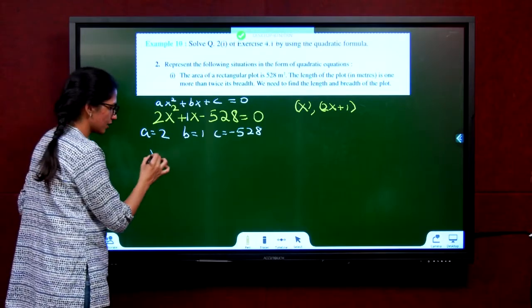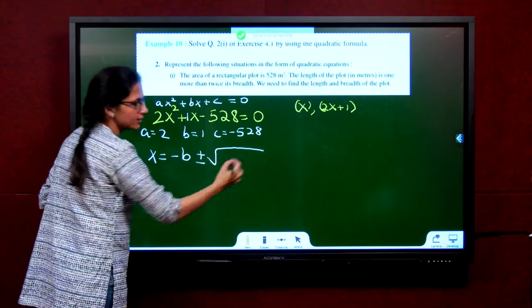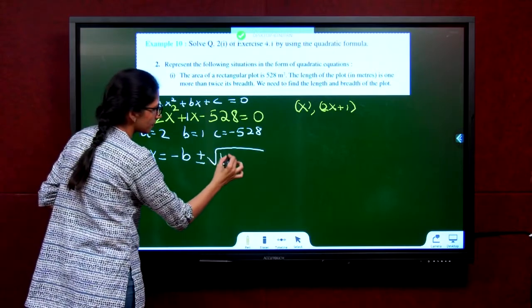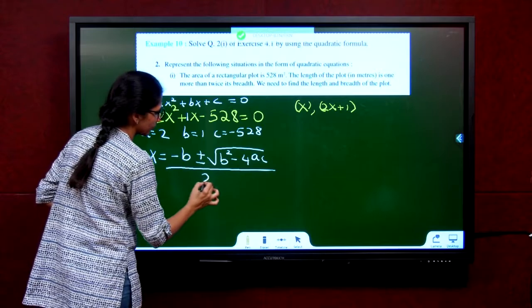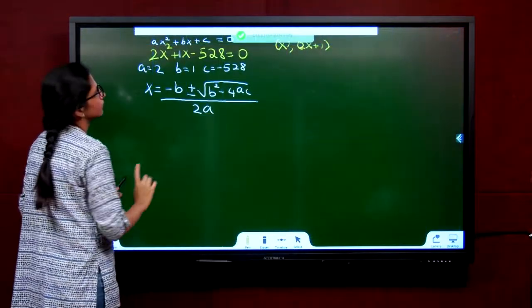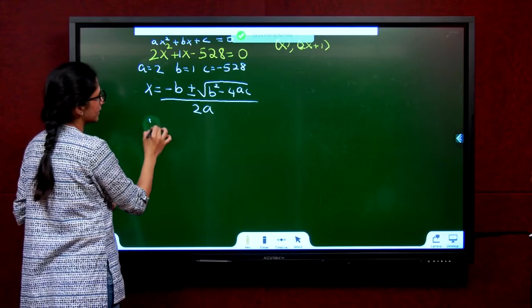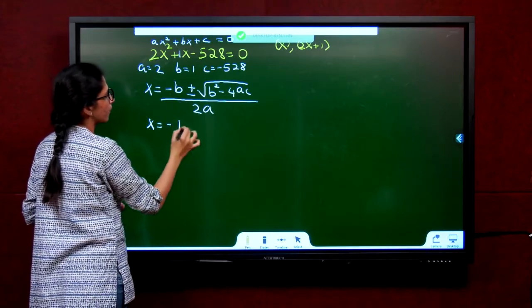So now what is the formula? x equals minus b plus or minus root of b square minus 4ac by 2a. So now x is equal to minus b. What is b? 1.